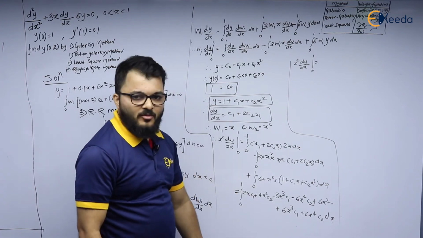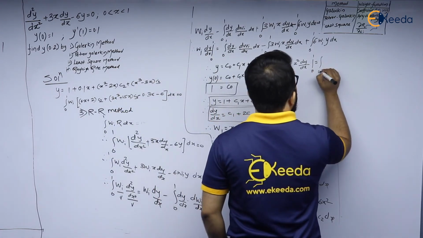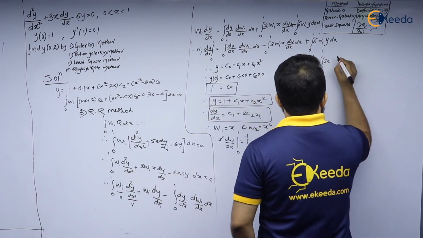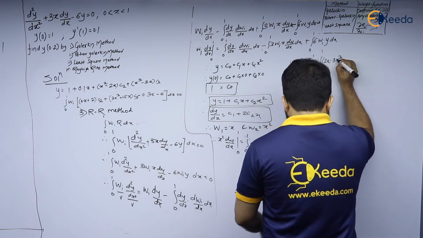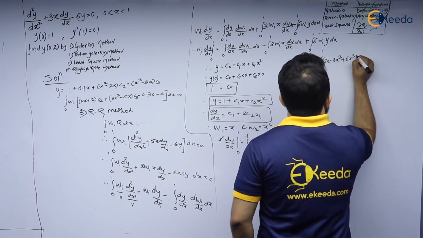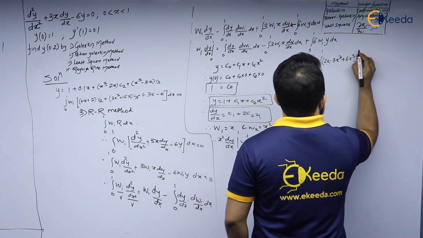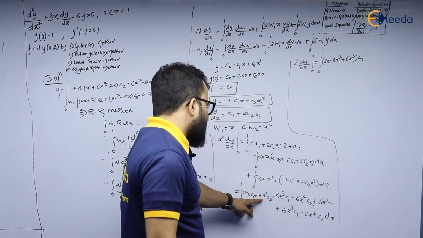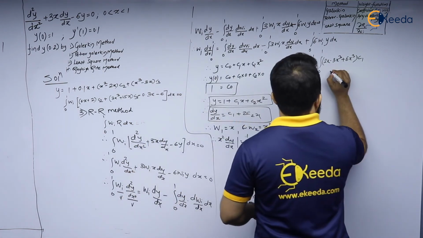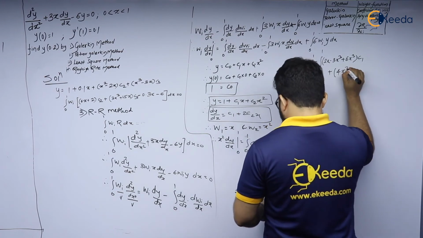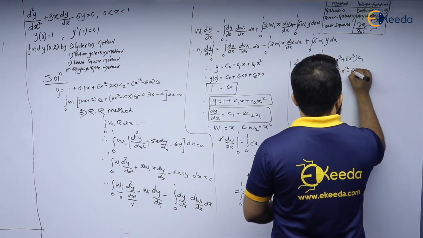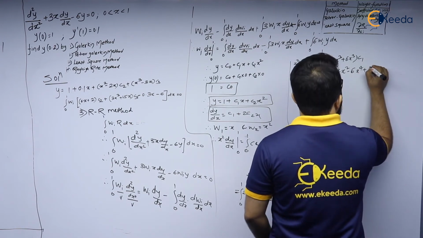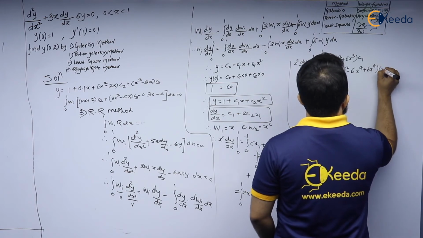If I take c1 as a common factor, I will get from 0 to 1, 2x minus 3x cube plus 6x cube into c1. If I take c2 as a common factor, you will get 4x square minus 6x raised to 4 plus 6x raised to 4, this is c2.